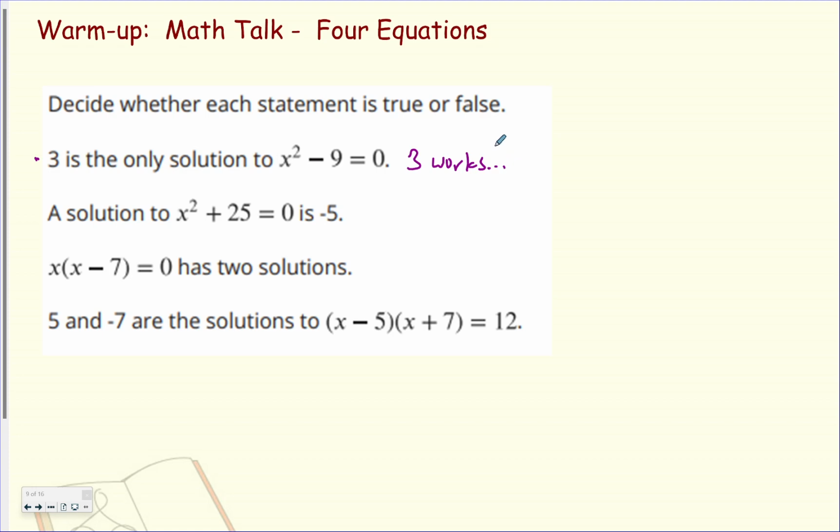Can you think of any other numbers that you can square and subtract 9 and get 0? Well, 3 works. How about negative 3? Negative 3 squared is positive 9. So negative 3 also works. And so this one here is false.